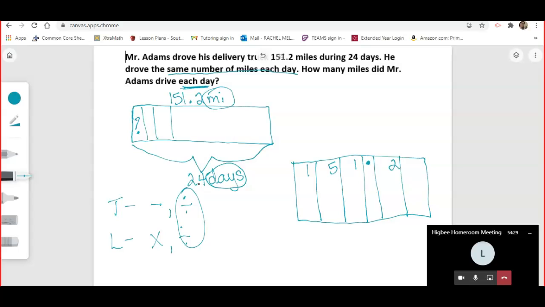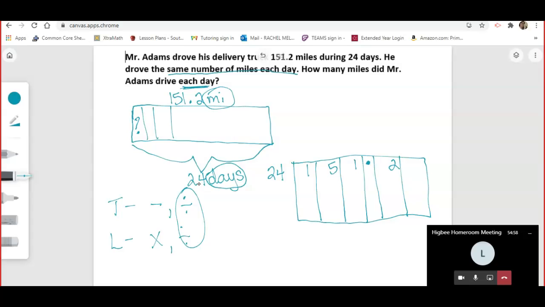So I'm going to do 151 and 2/10 miles, and I'm dividing that by 24 days. Here's my question: do you guys know your 24 times tables off the top of your head? I do not know them off the top of my head, so I need to write them down.